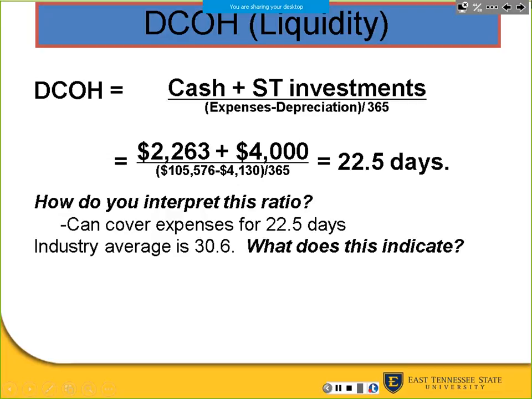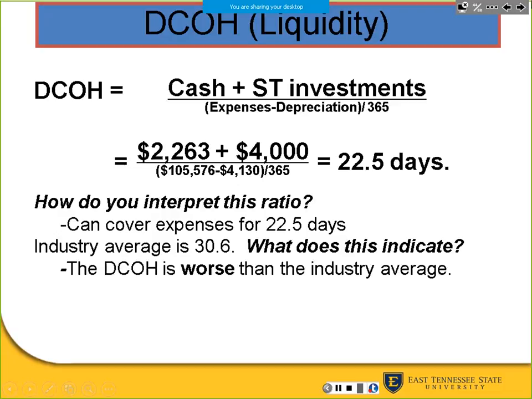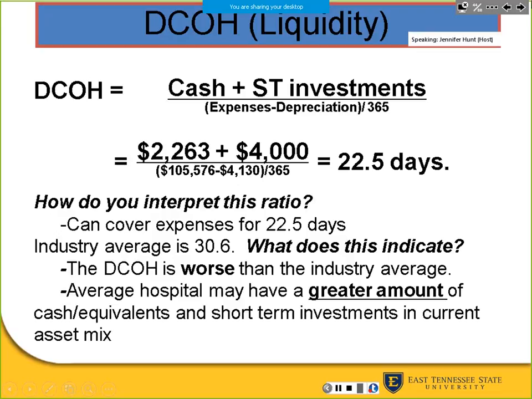But if the industry average is 30.6, what's this going to tell us? How can we start to interpret this compared to the industry standard? Are we in a better position or a worse position? Worse position. Right, so we're worse than the industry average, but it's kind of two-sided.